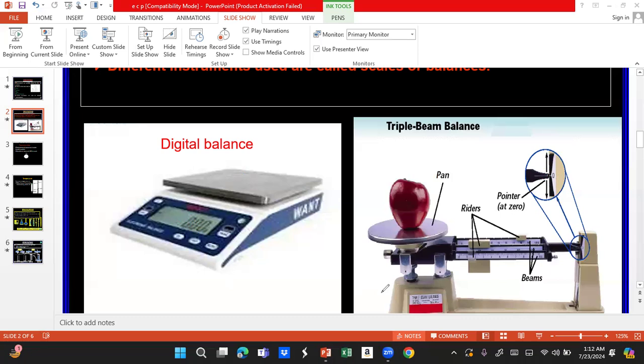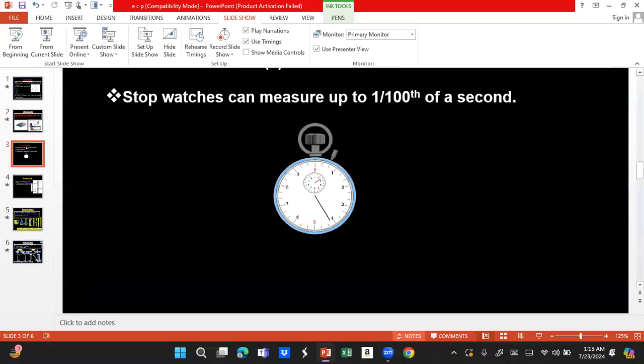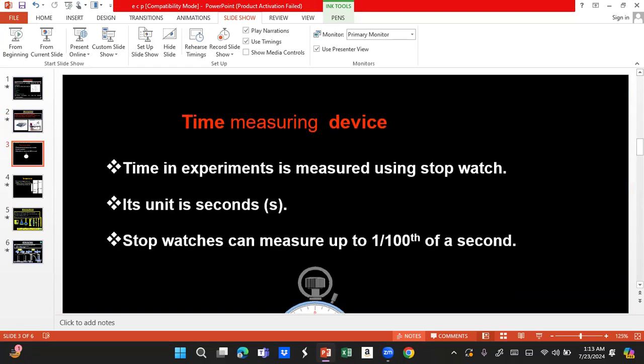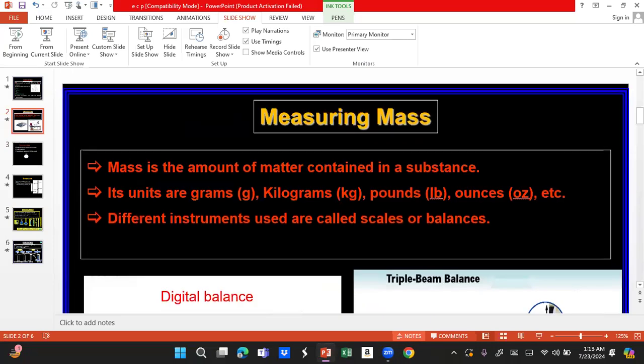Now, after this, we have the time measuring device. You know how to measure time?